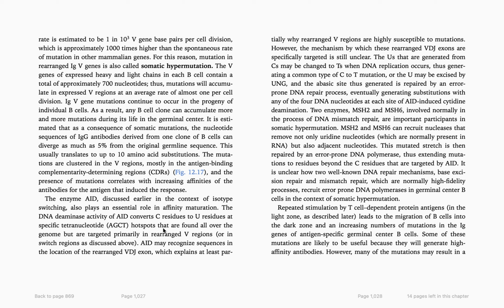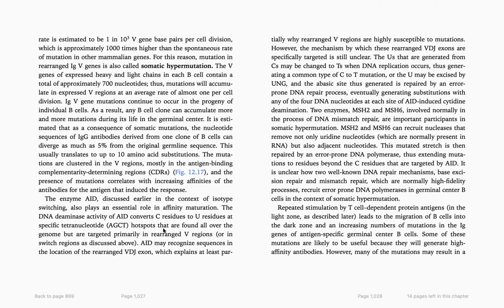AID may recognize sequences in the location of rearranged VDJ exons, which explains at least partially why rearranged V regions are highly susceptible to mutation. However, the mechanism by which these rearranged VDJ exons are specifically targeted is still unclear.